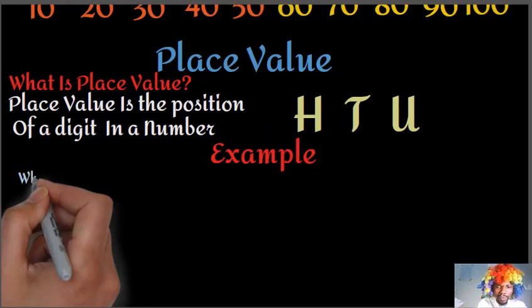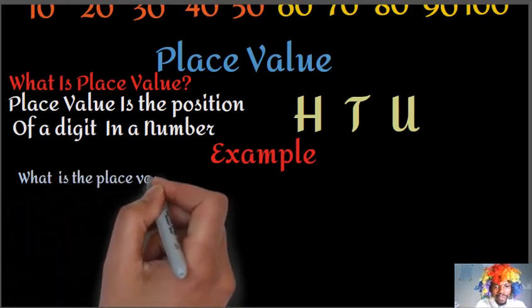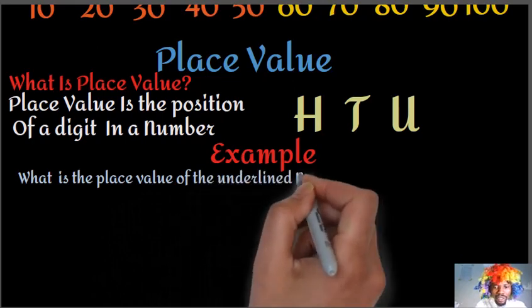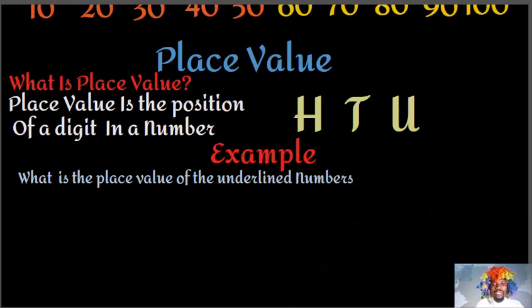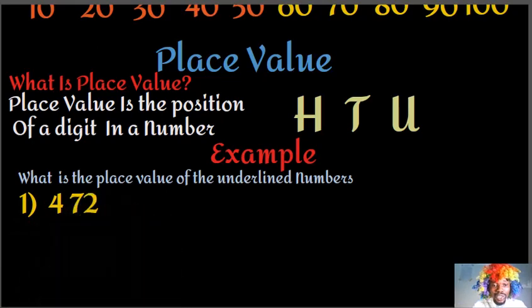So I'll give you an example here. What is the place value of the underlined digits? The underlined digit here is 7. So what is the position or the place value of the underlined digit here? All right, let's take the next one.